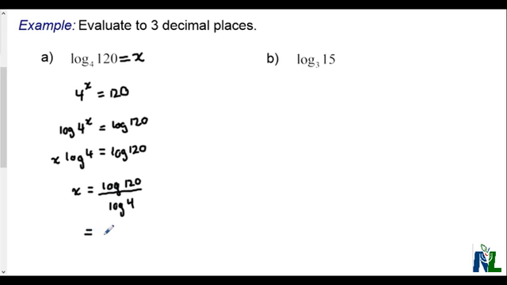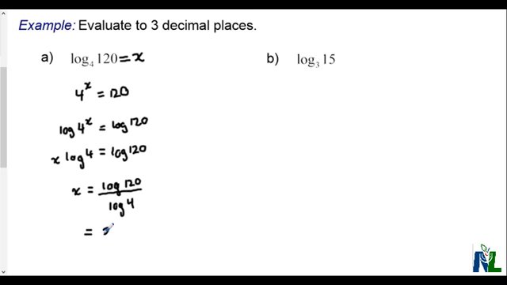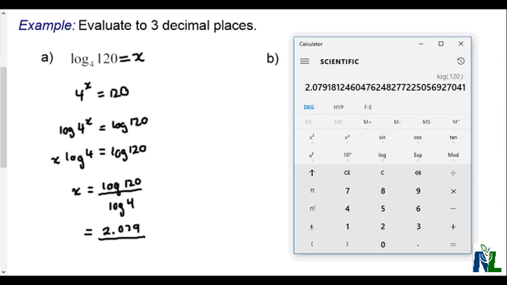So I'll go ahead and grab a calculator now, and I'll say 120 log, and I need 3 decimal places here. So it says 2.079. That's what I'll use for the top. And if I take the log of 4, I get 0.602.